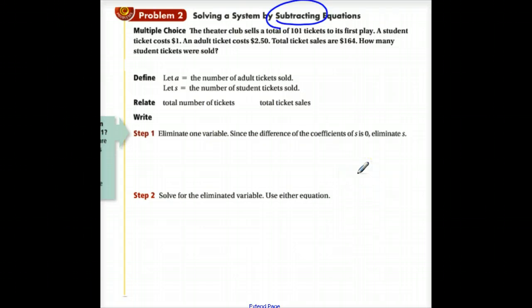Alright, this one has a word problem. The theater club sells a total of 101 tickets to their first play. A student ticket costs $1, an adult ticket costs $2.50. Total ticket sales are $164. How many student tickets were sold? That's what we're trying to answer. Alright, so we need to set up our equations. First, we're going to relate the total number of tickets.